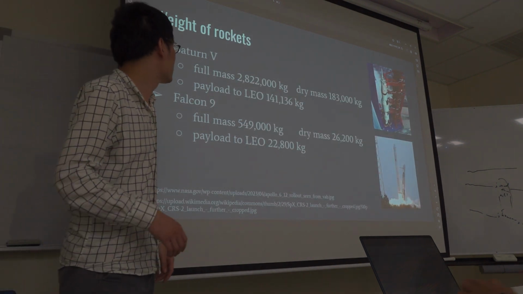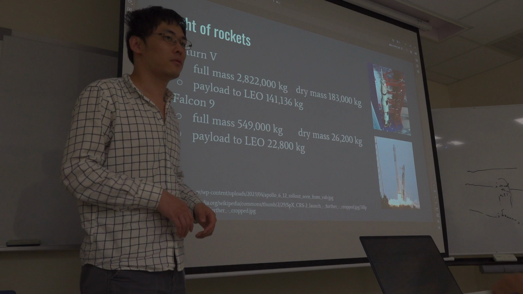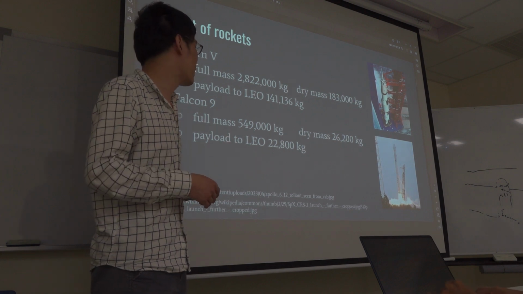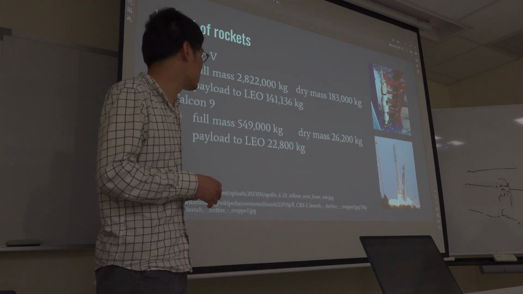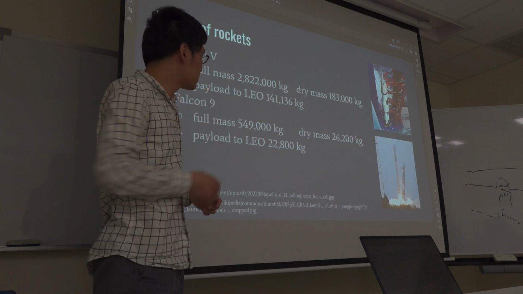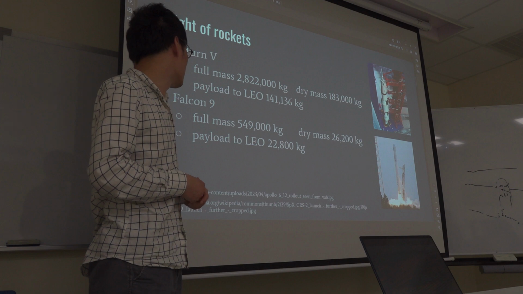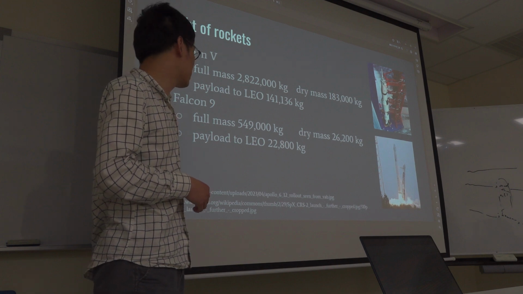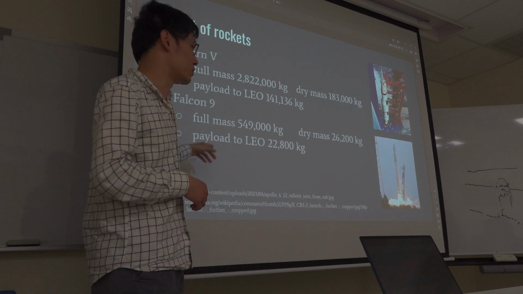So, in the beginning, I want to show you some interesting data about the rocket we were using, the Saturn V in the moon mission and the Falcon 9, which we are using now. Okay? Well, we're not successful yet.